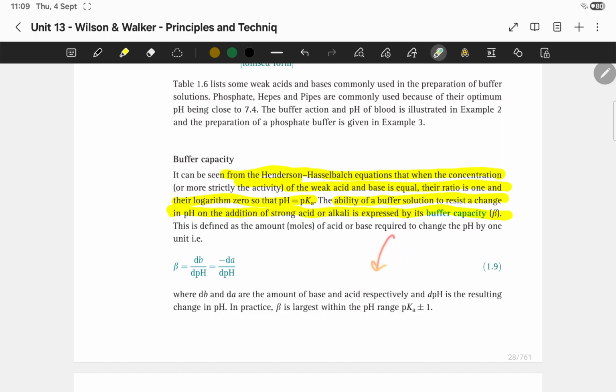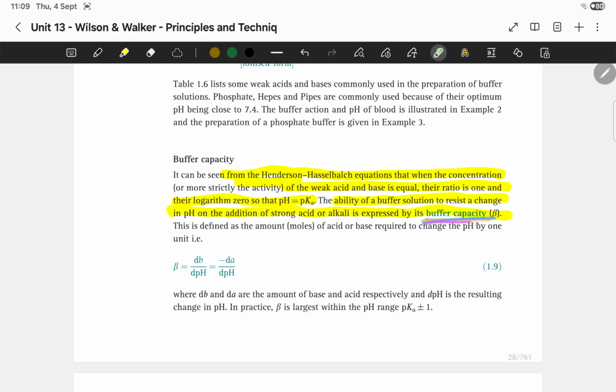If acids are added, the conjugate base will nullify them. If bases are added, then the H plus ions or conjugate acids will nullify them. But now it is a strong acid or alkali.